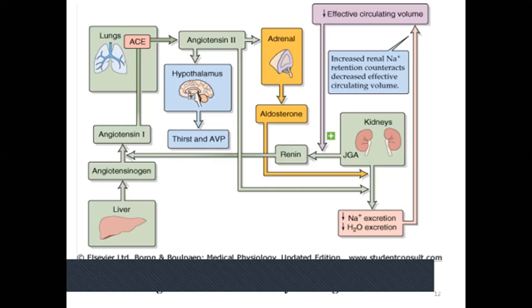Then angiotensin 2 in the adrenal gland can increase the release of aldosterone from the zona glomerulosa. Aldosterone will cause the collecting tubule to retain sodium and water, so that we can restore the circulatory volume. So this is the endogenous regulatory mechanism.